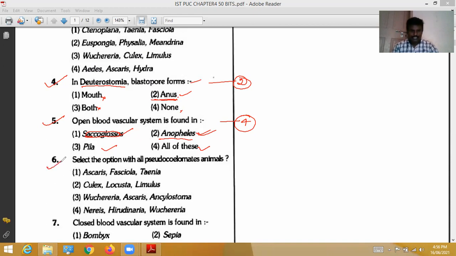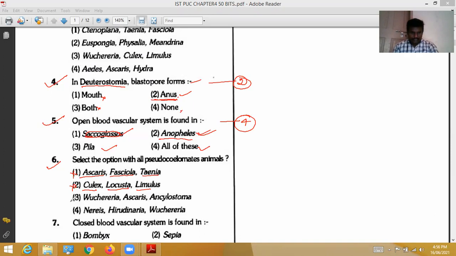Next, the sixth question: select the option with all pseudocoelomate animals. Here a group of organisms is given. In those groups, which will show pseudocoelomate character? Ascaris, Fasciola, Taenia: these do not possess pseudocoelomate character, so option 1 is wrong. Next, the second option: Culex, Locusta also do not show it.